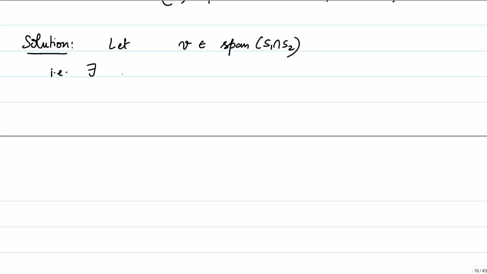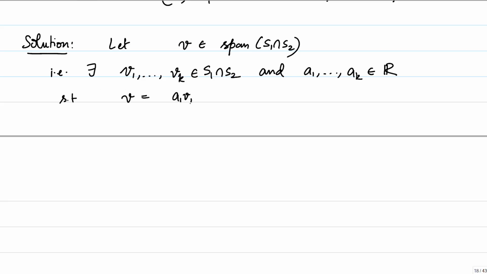That is, there exist V1 to Vk in S1 intersected with S2 and A1 to Ak scalars such that V is equal to A1 V1 plus A2 V2 plus up to Ak Vk. Okay, and what is our goal? Our goal is to show that V is in the span of S1 intersected with the span of S2.